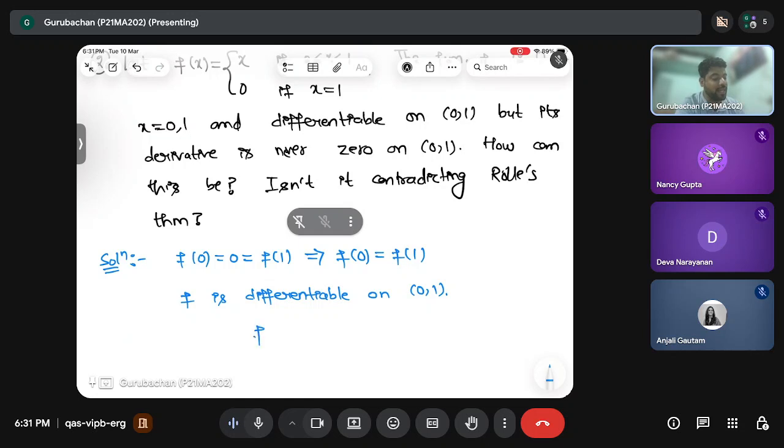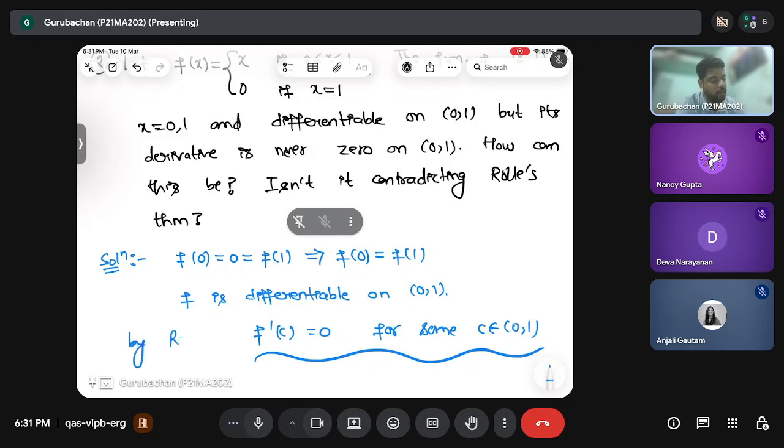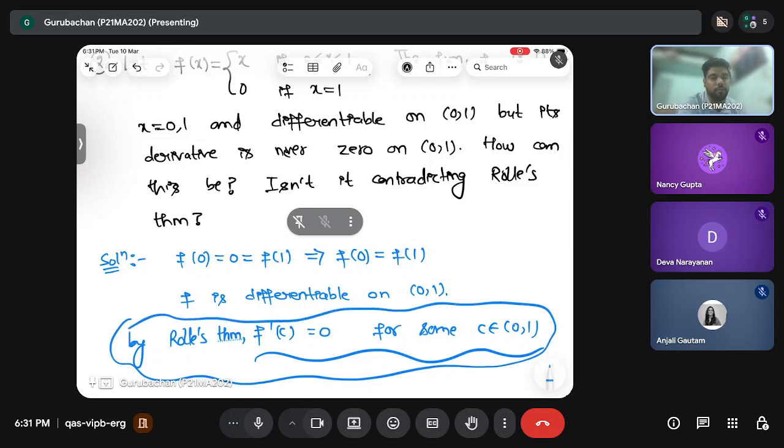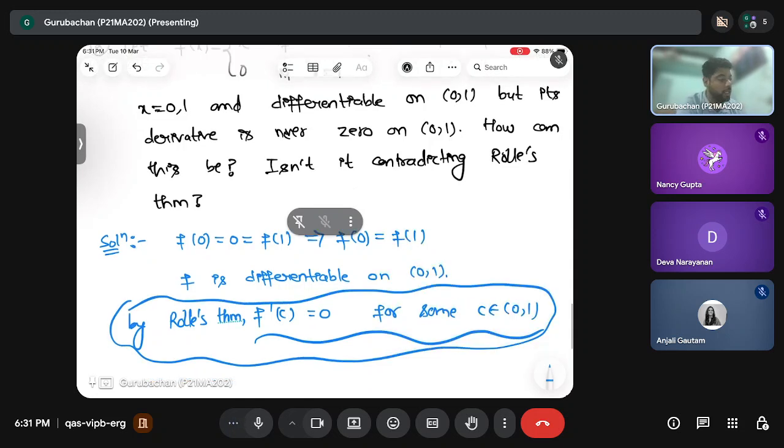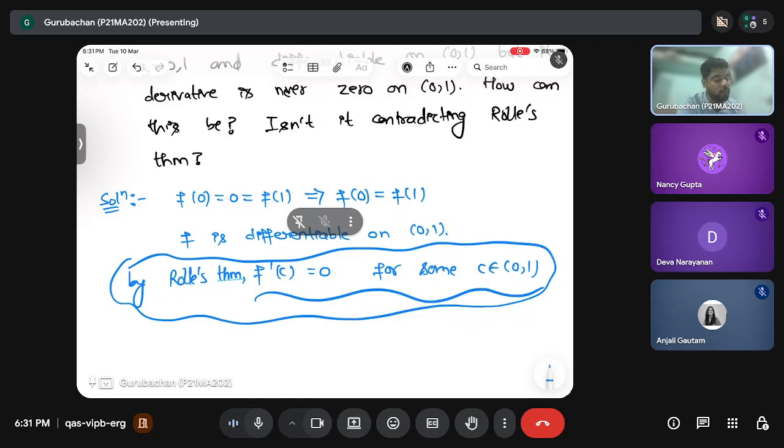Rolle's theorem says that f dash c must be 0 for some c in (0, 1) by Rolle's theorem. This is the target, but there is one more condition we require.